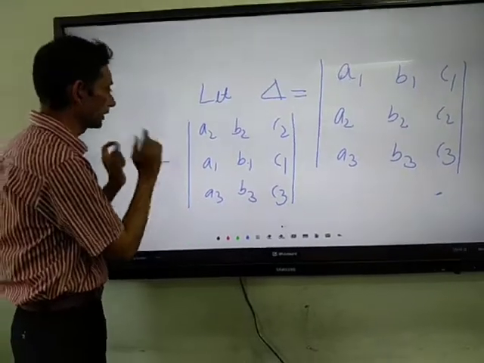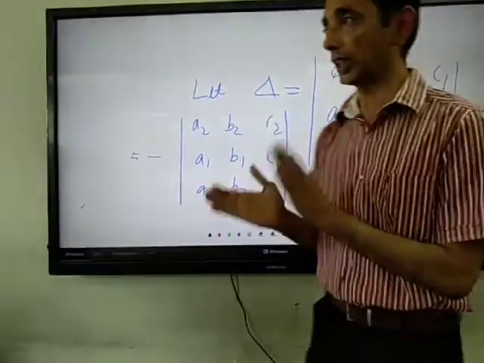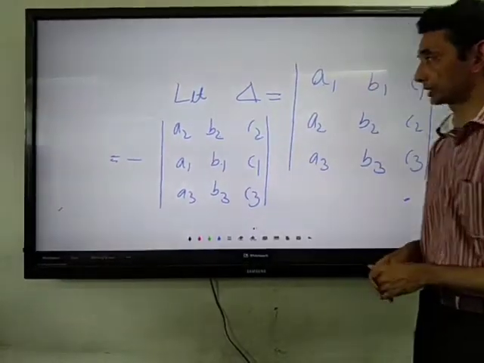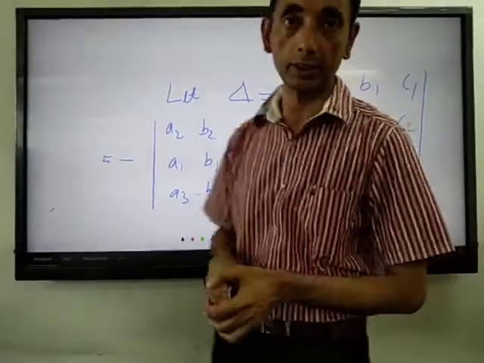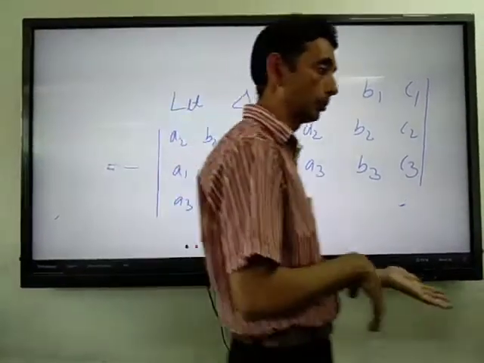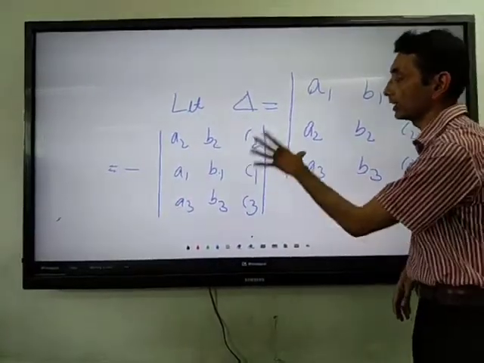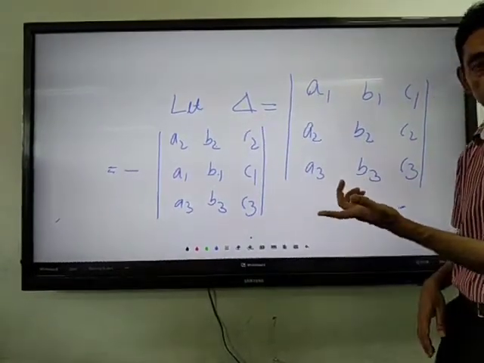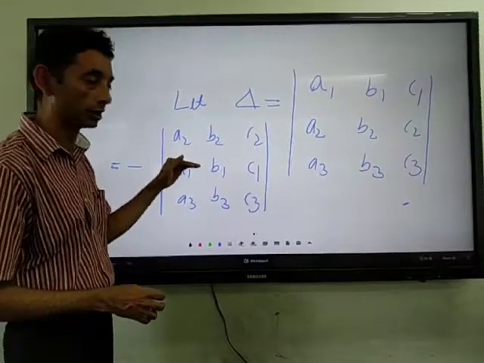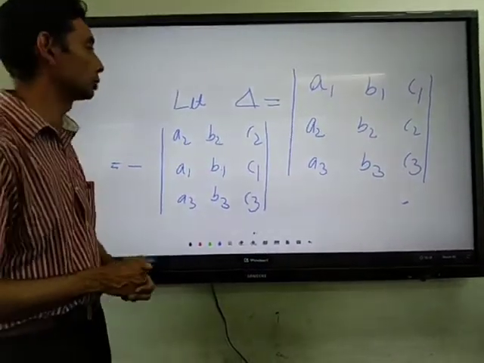When there are two minus signs, their product becomes plus. That means in a determinant, if we interchange two rows or two columns twice, there will not be any difference between the original determinant and the determinant obtained after the interchanges.